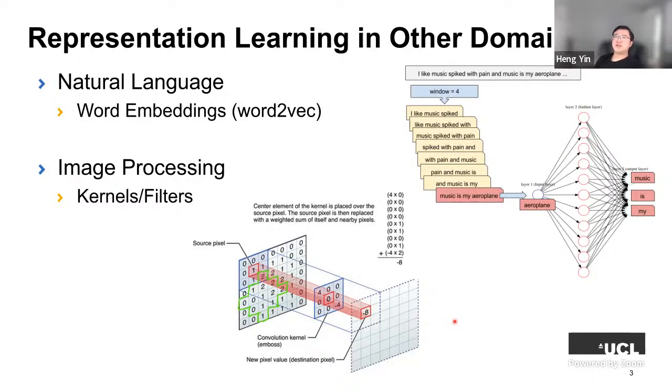For image processing, there are things like kernels or filters that we can put on top of the pixels to extract higher-level features from the image pixels, right? So the natural question we're asking here is: what kind of representation should we have for binary code, right?